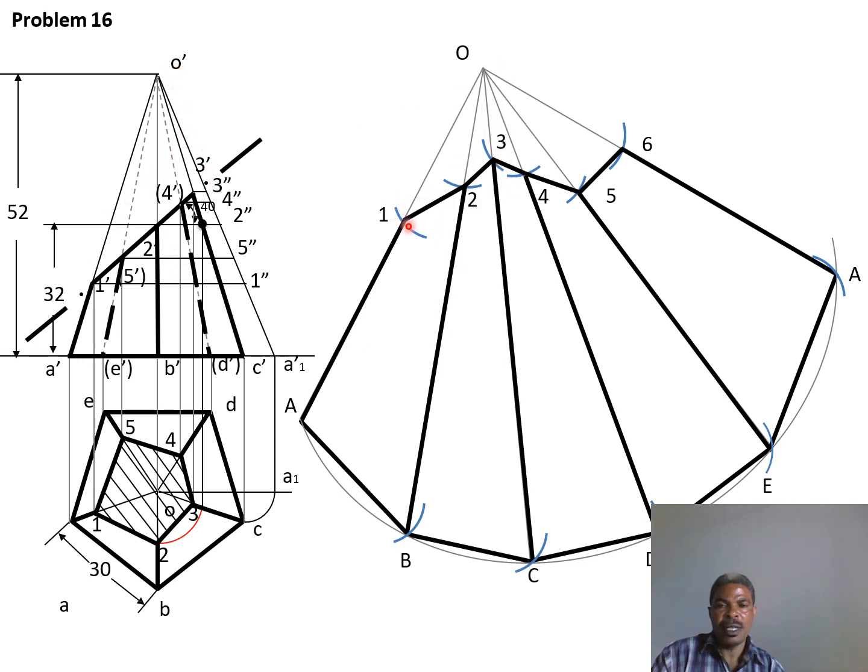Then using the compass, you can mark where it ends. Then you provide the thicker object lines for the partitions that form the total development for our pentagon pyramid.